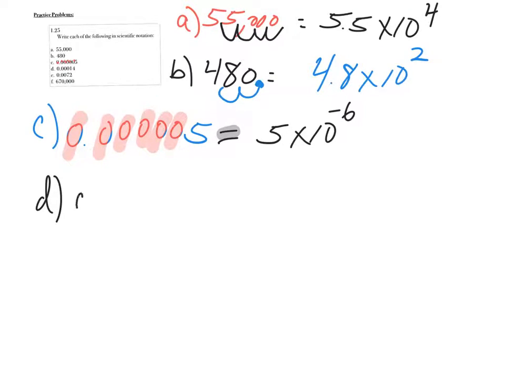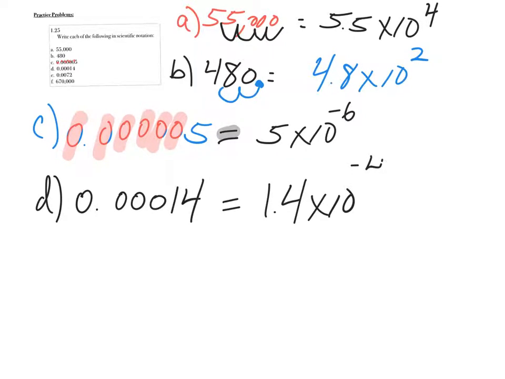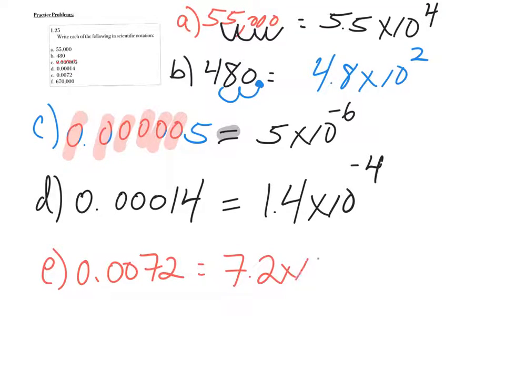Problem D here is 0.00014. There's a total of 4 zeros. So this is equal to 1.4 times 10 to the negative fourth. Problem E is 0.0072. It has 3 zeros. So 7.2 times 10 to the negative third.